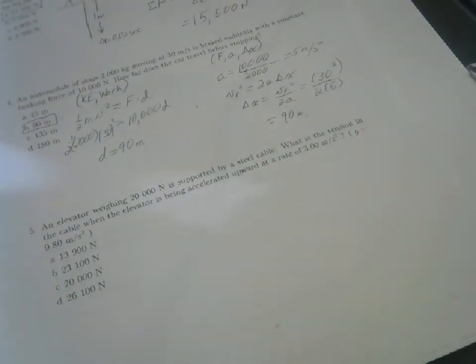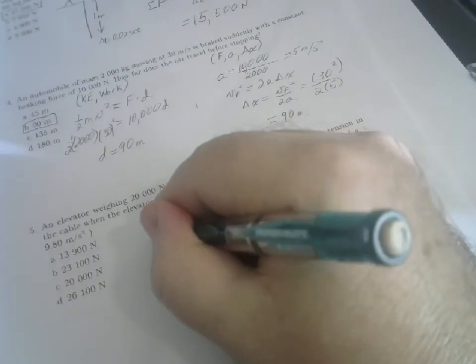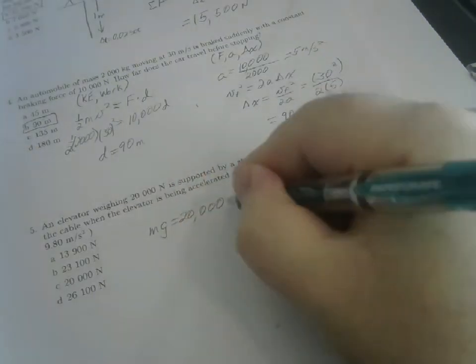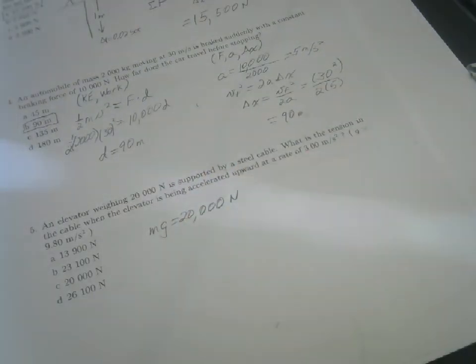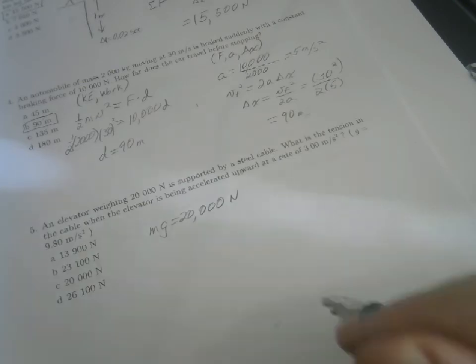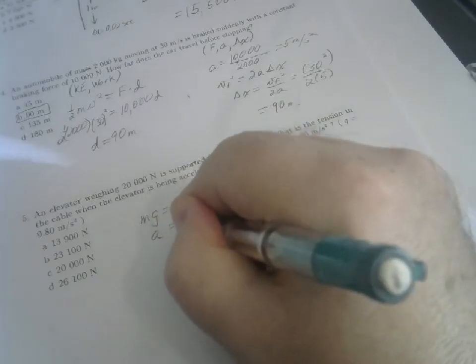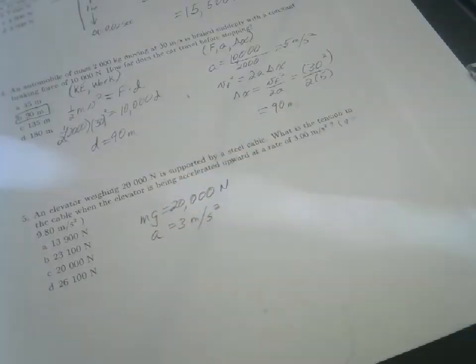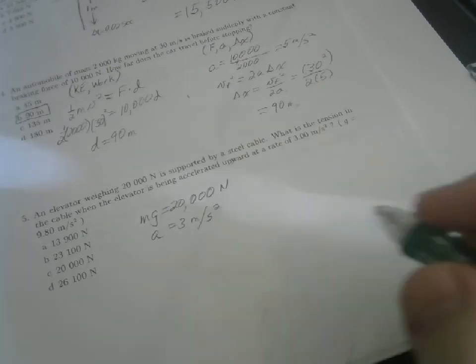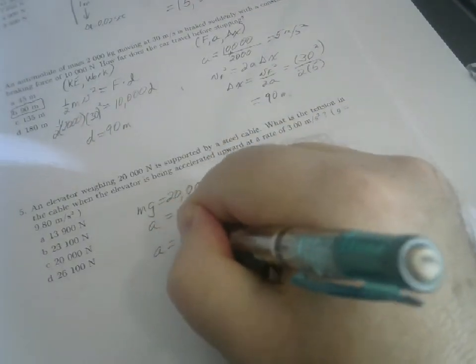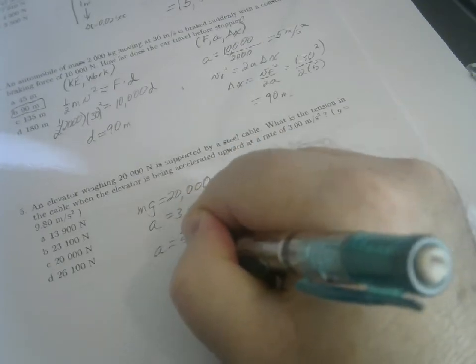Number 5, an elevator weighing 20,000 newtons, let's see, mg equals 20,000 newtons, is supported by a steel cable. What is the tension in the cable when the elevator is being accelerated? Acceleration is 3 meters per second squared. This is a Newton's second law question.